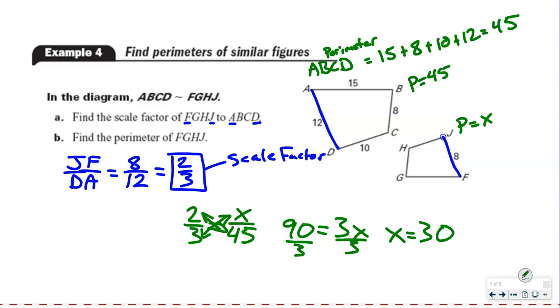That's our perimeter. And that's all we needed to do. So we were able to find the perimeter using the ratio of the perimeters and the scale factor, knowing that those two are equal.